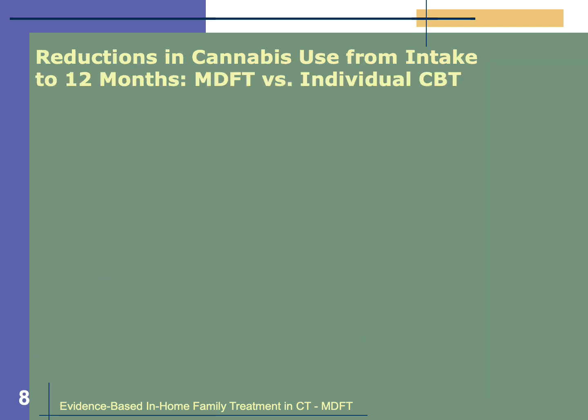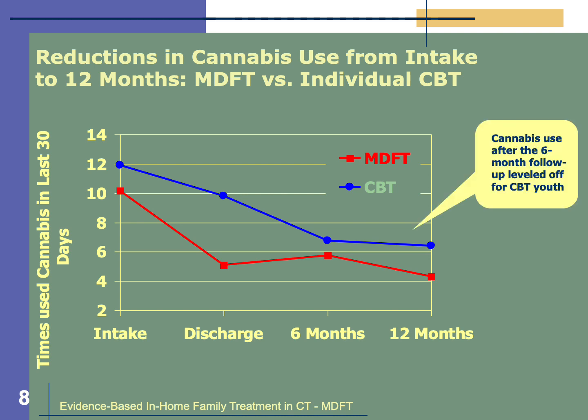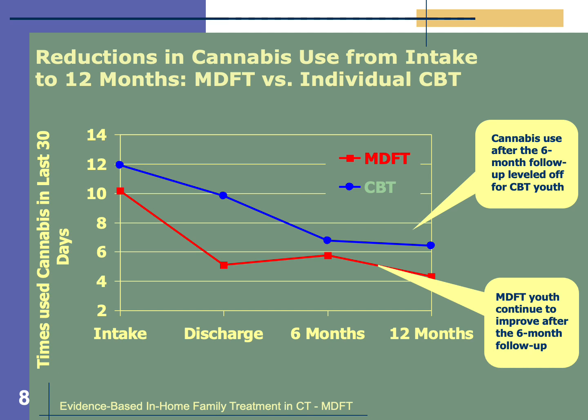What we also see is that essentially there is levels of cannabis use, and in something like cognitive behavioral therapy or CBT, we see that there's a reduction in cannabis use 6 months after.